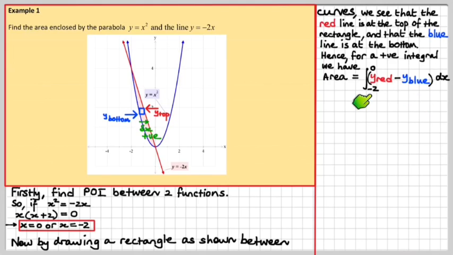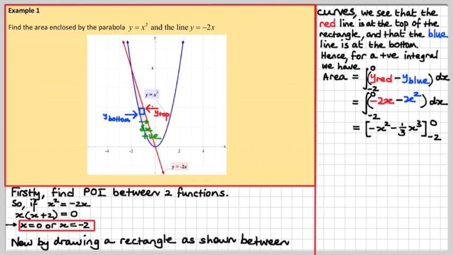If I integrate that from minus 2 to 0 with respect to x, I get a positive integral. And there it is. I've left the colour coding in place so that you won't get confused. That's minus 2x, the top value of y, minus x squared, which is the bottom value of y for any given value of x.